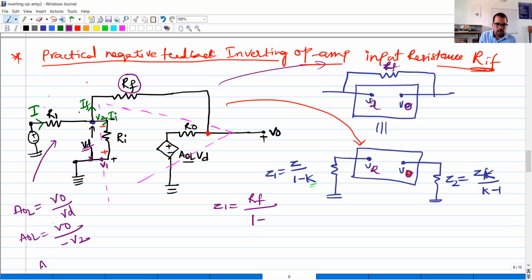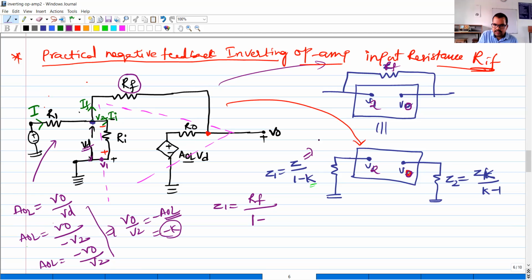So AOL is equal to minus V0 by V2. So from this figure, V0 by V2 is equal to minus AOL. So minus AOL is equal to minus K. Because V0 by V2 is equal to minus AOL, K is V0 by V2.